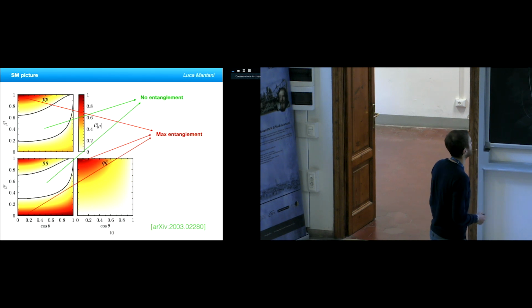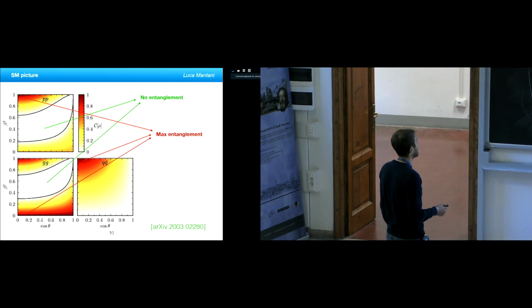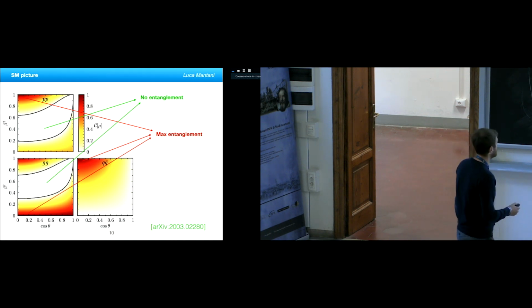Then we have maximal entanglement at threshold in a glue-glue, and also at very high PT and energy. And then we have also maximal entanglement in the same region in QQ bar, while we do not have entanglement at threshold for that case.